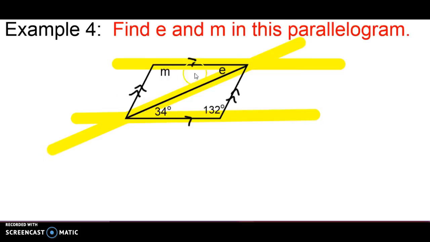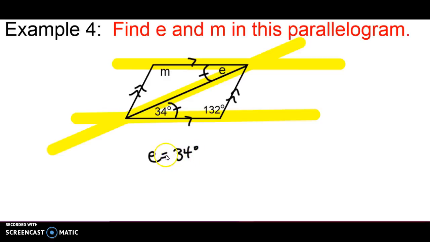We know that opposite interior angles are congruent. So this is one interior angle, which is 34 degrees. I know that its opposite interior angle is E, and so those two are congruent to one another. Therefore, E also equals 34 degrees.